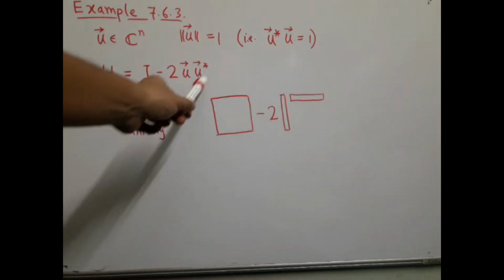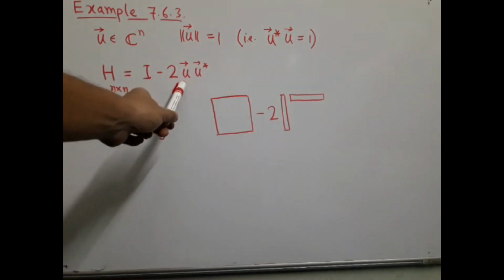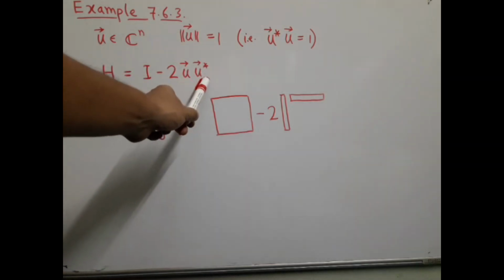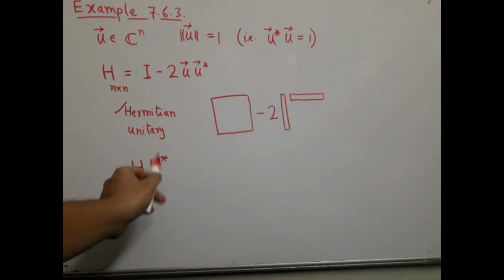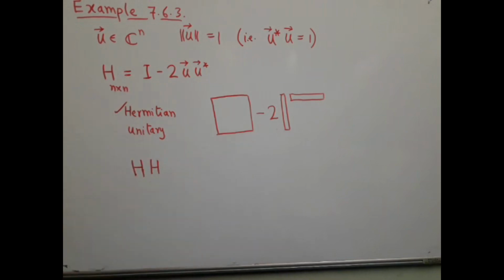Now when you take star of this, u star comes here as u, and this u goes here as u star, so it remains the same. So H is equal to H star, and we have proved that this is Hermitian. The fact that it is unitary is not at all difficult to prove. Since it is a square matrix, we have to show that H star H is identity, but H star is the same as H, so we have just this.